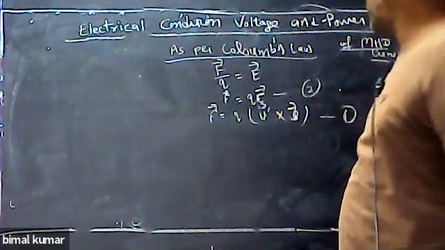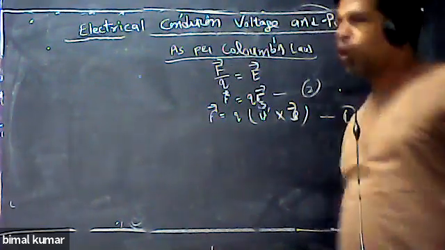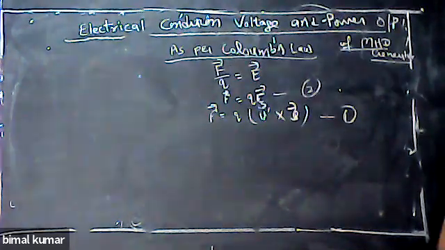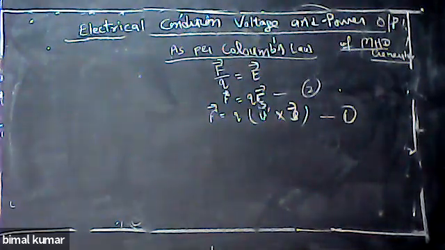Equation 1 represents the force due to the magnetic field, generally denoted as the Lorentz force, and equation 2 is from the basics, that is from Coulomb's law, due to the presence of the electrical field.